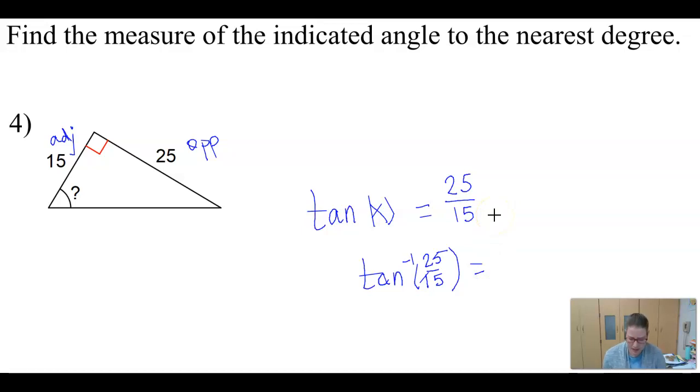Okay, so what is tan inverse? Let's see. So tan inverse of 25 over 15 is equal to 59.0, so we will round this off to 59 degrees.